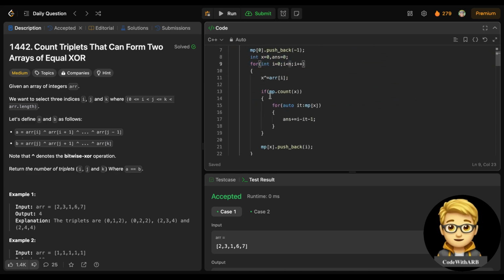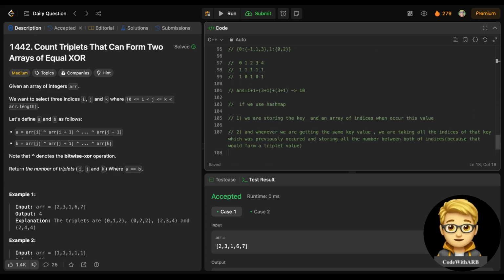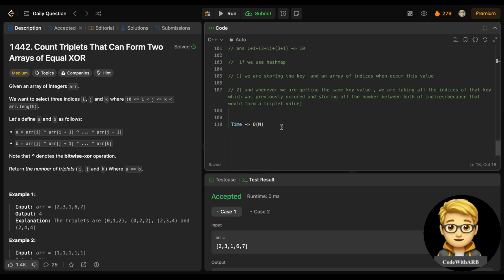It can lead to some extra complexity, but it will not lead to another O of n, as we have seen in the previous approach, where we needed to traverse again from I plus 1 to n, right? That would not happen in this map. So the time would be O of n, and the space would again be O of n, right?